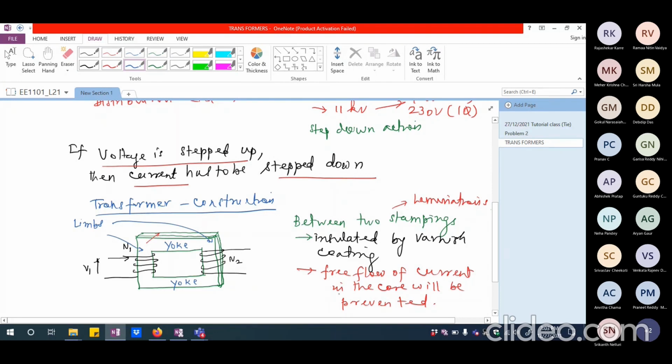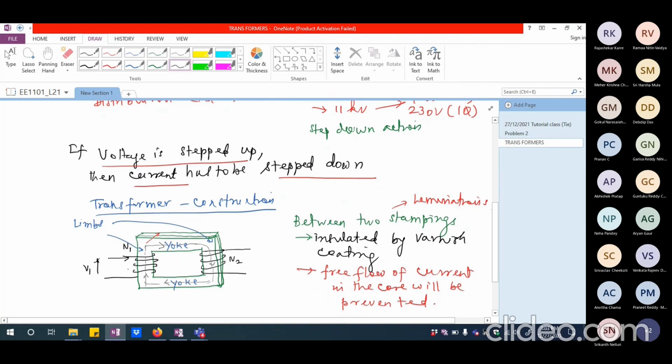Okay, so you are going to have the windings wound around like this. Like what I told in the last class, I'm going to have a flux established here. Maybe the flux is established somewhat like this. I'm going to have a flux established which is flowing through only the ferromagnetic material as much as possible. So this is going to be the path for the flux. So I'm going to have the flux flowing around like this.